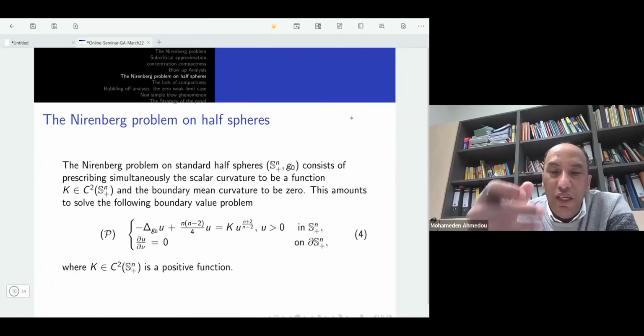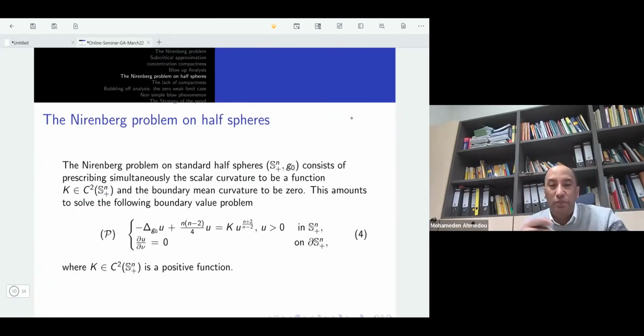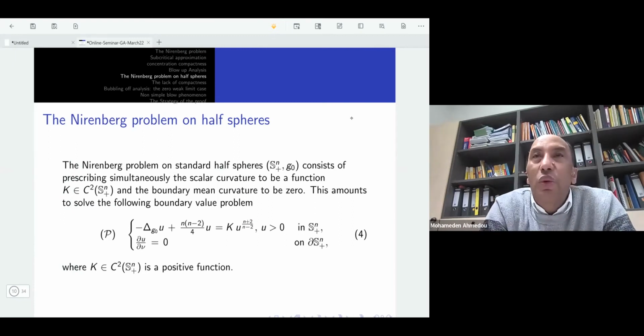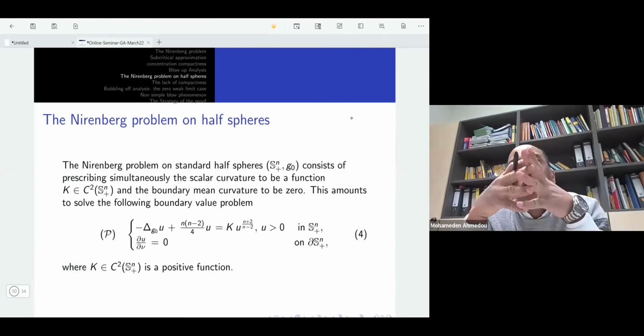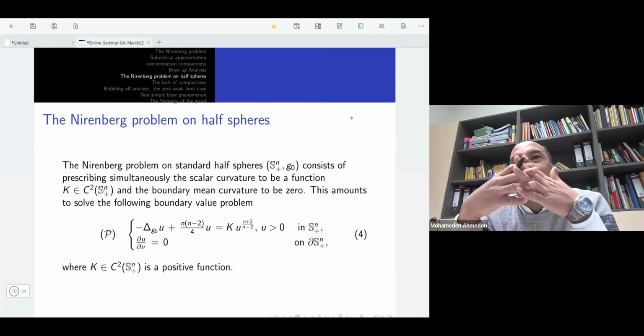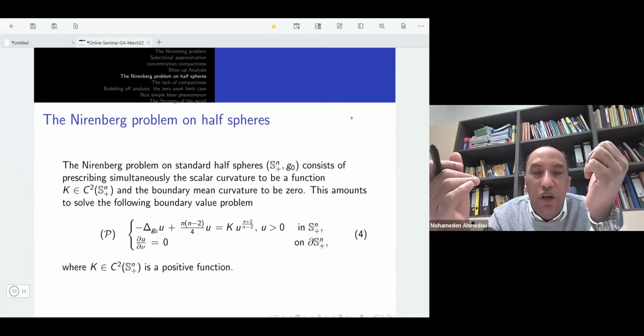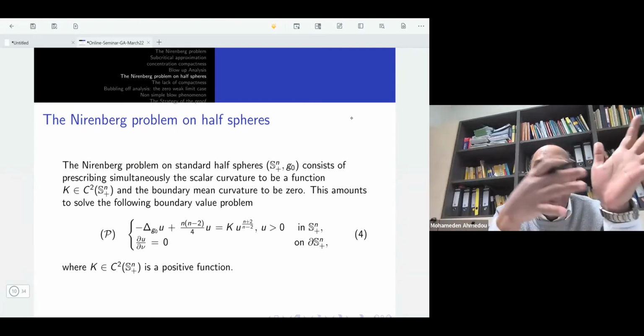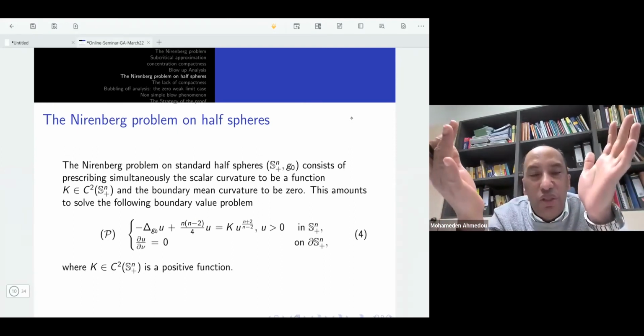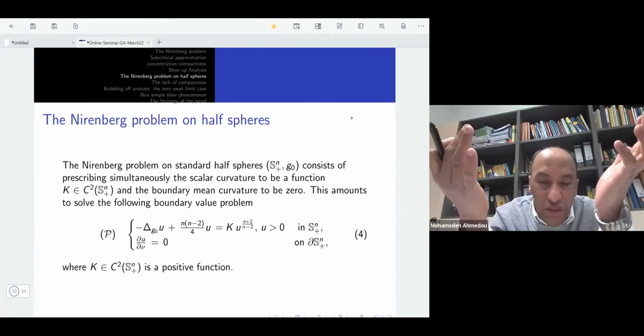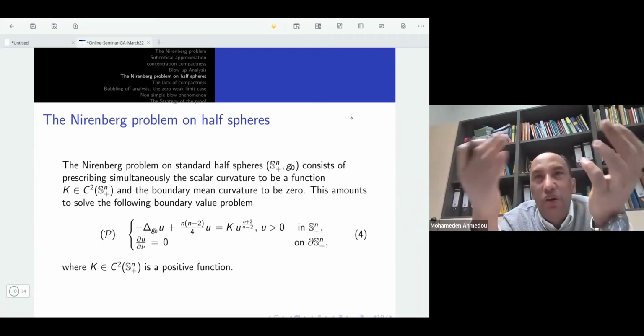Now my topic today is a related problem: what happens if we consider a manifold with boundary, for example the half sphere. Of course, I forgot to say that this problem can be posed on any manifold, in particular on a compact manifold.